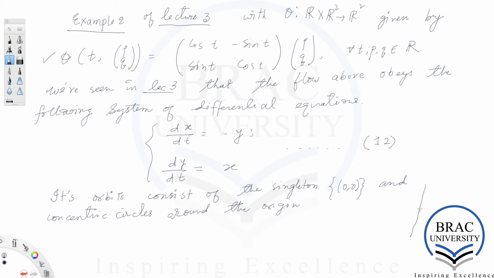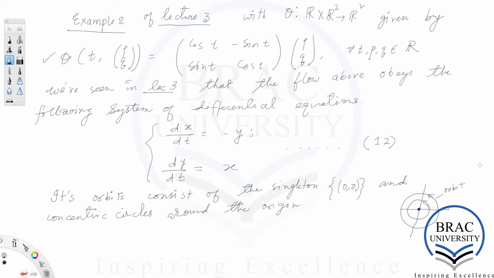So like this, okay. This is a singleton, this is the point (0, 0), and there are other orbits which are concentric circles about this point. Okay, these are all orbits for this dynamical system.